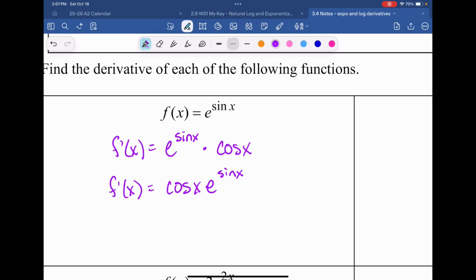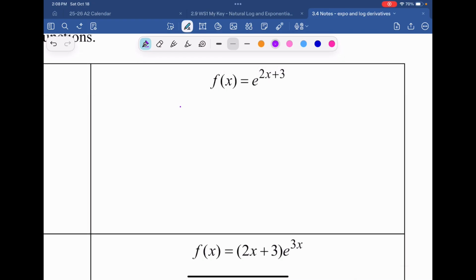But that's it. Okay, derivative of the outside, so that's your e. Keep the inside, times derivative of the inside. So rearrange it so it looks a little bit better. But there you go.